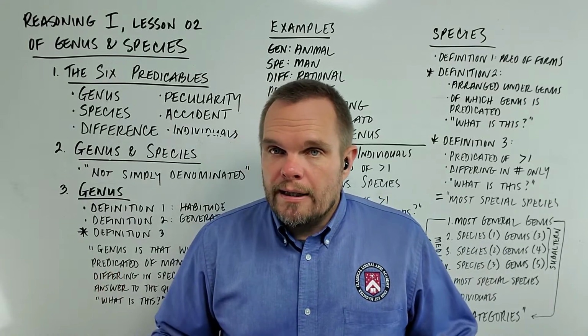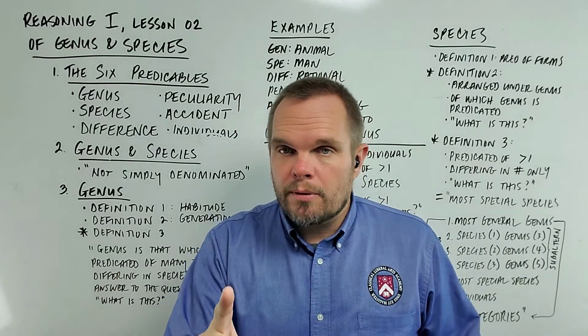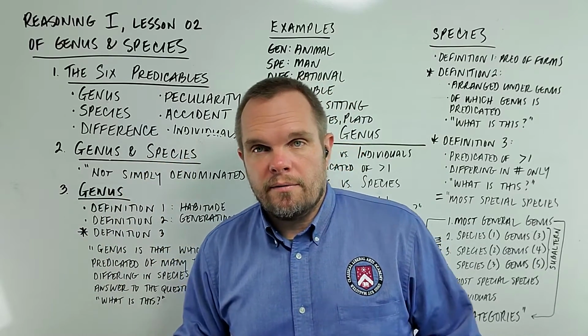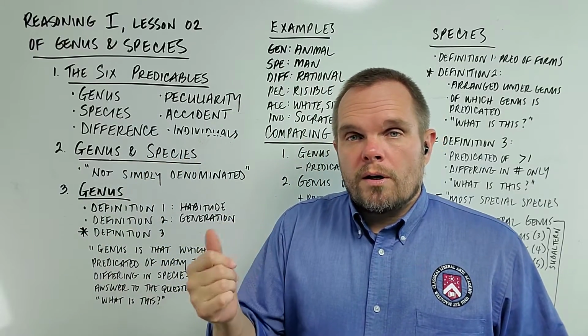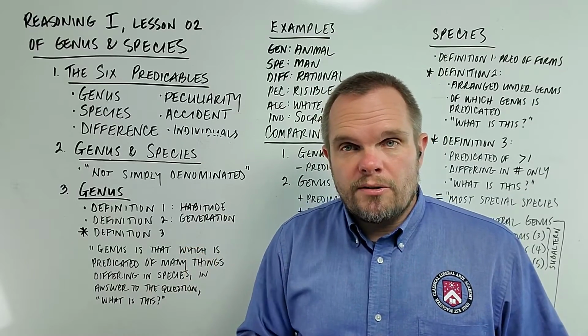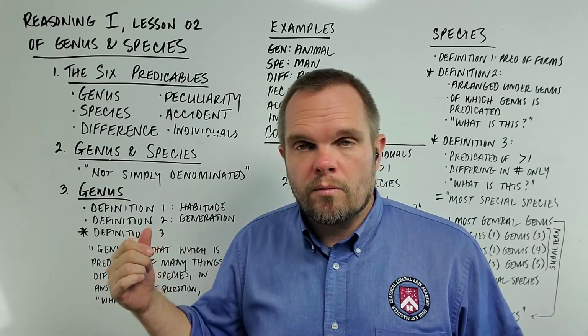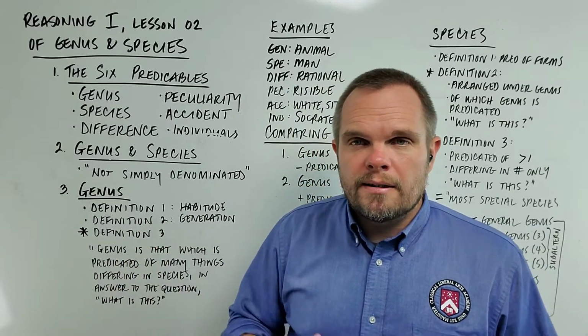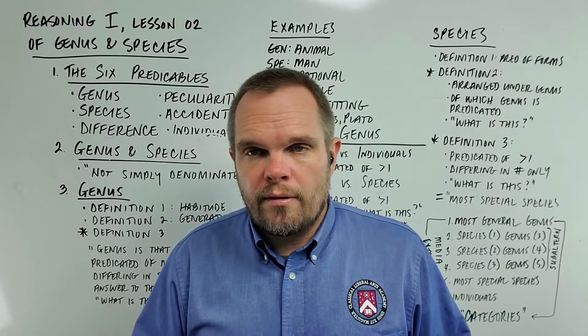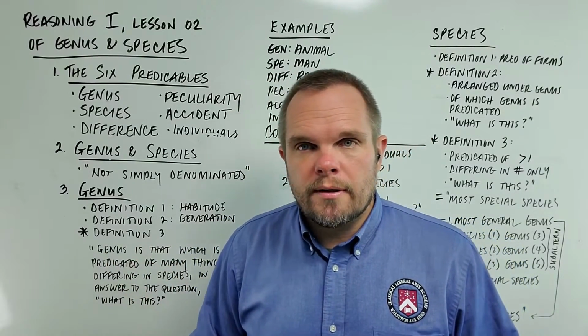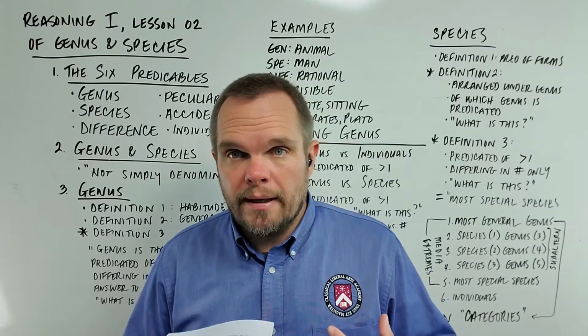We might say rational, but that's actually not a peculiarity, and we'll see why when we get to the next of these examples. A good example, and this may surprise you, is what Porphyry says, risible. Risible means able to laugh. There are no other animals that are able to laugh except man.